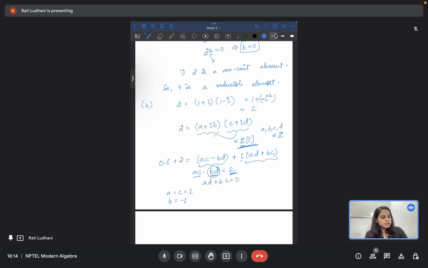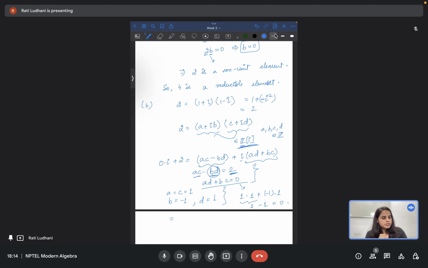So let's take B is minus 1 and D is equal to 1. Let's check if this satisfies the second equality or not. So A is 1, D is 1, plus B is minus 1, and C is 1. So this is exactly 1 minus 1, this is 0. So yes, there exist some A, B, C and D in integers such that this holds.